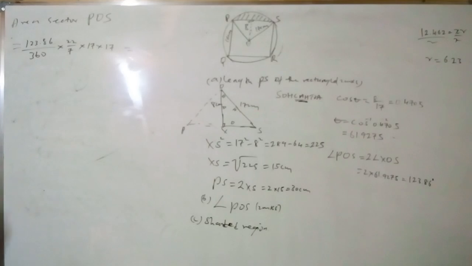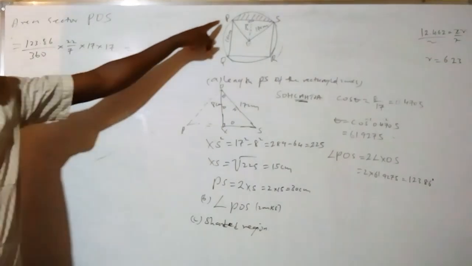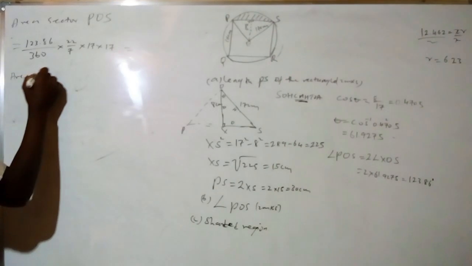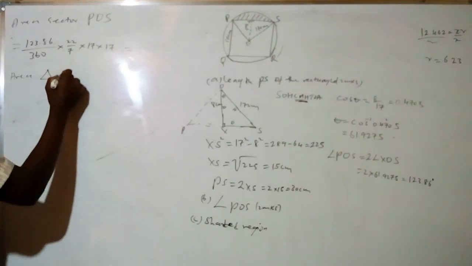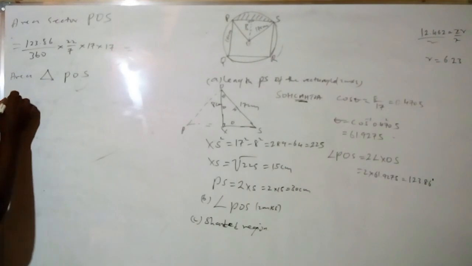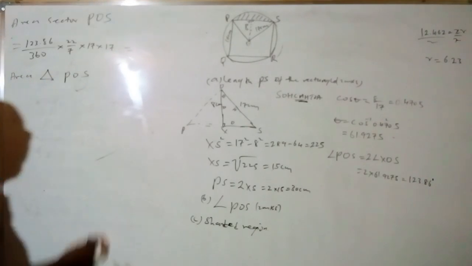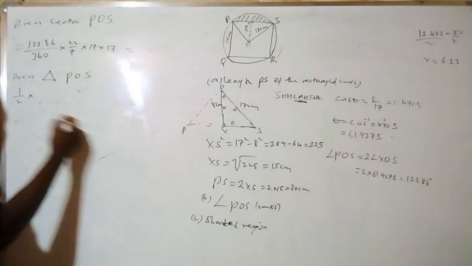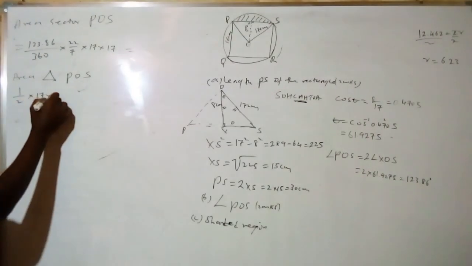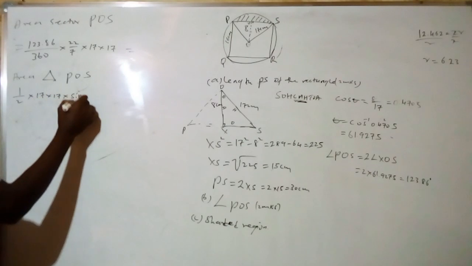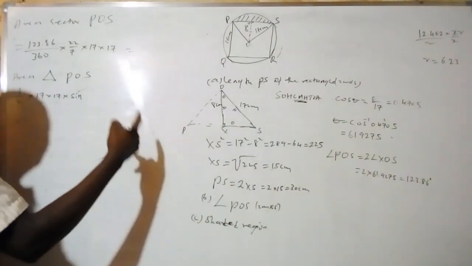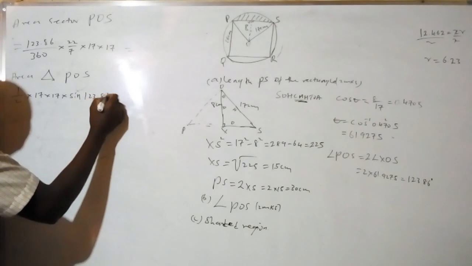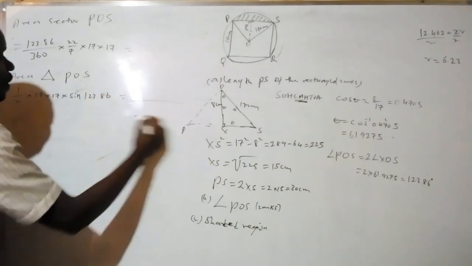Then you get the area of triangle POS. The area of a triangle is one half ab sine theta: 17 times 17 times sine POS, the same angle 123.86, divided by 2. Once you get both, you subtract.